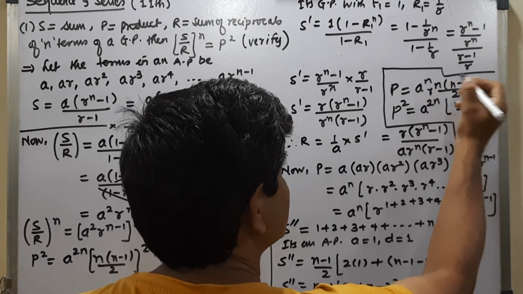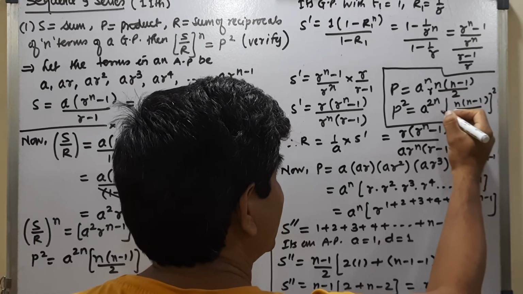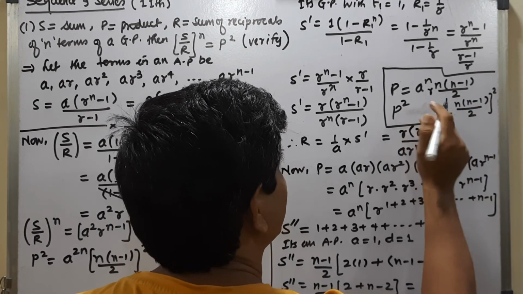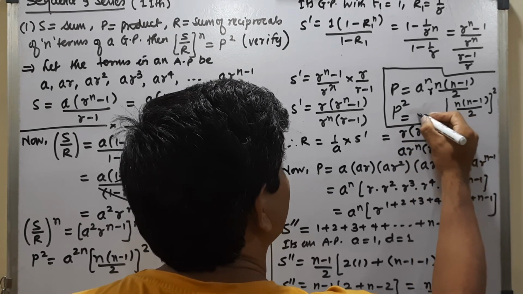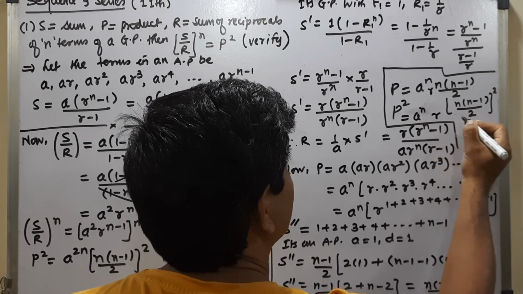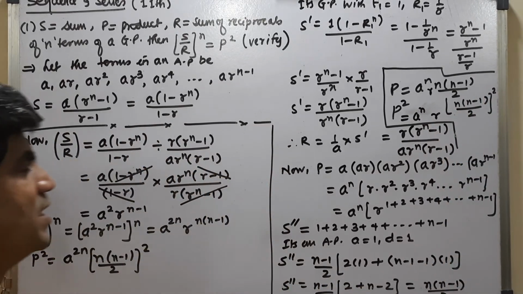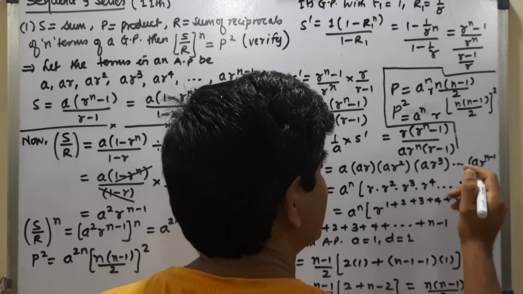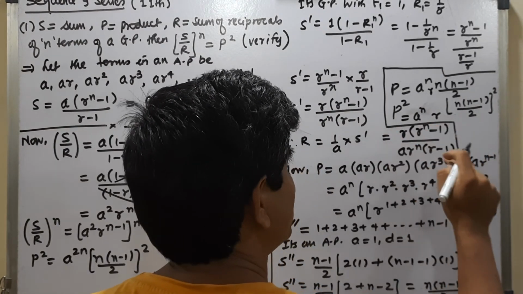Okay, so this is r raised to actually, and here also I will write it down so that we will come to know. Like this I will write, that is a raised to n and r raised to this power, and it is whole square. That means this is p square, na?